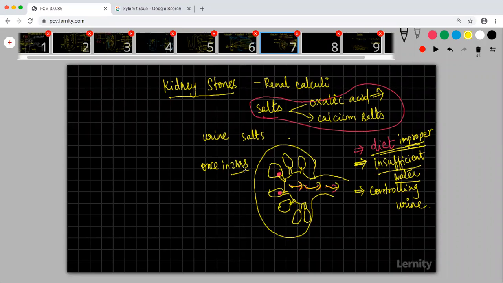It depends on what you want. So this is how kidney stones are formed. Kidney stones can be operated and taken out, or with medicines you can dissolve them. Sometimes if it is an early stage, if you drink sufficient water itself, this kidney stone will come out.